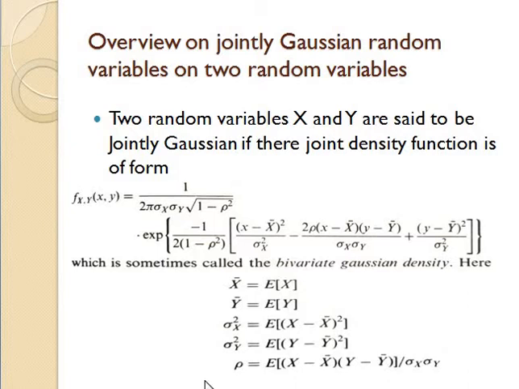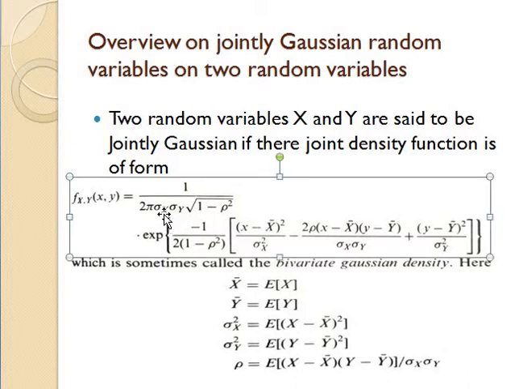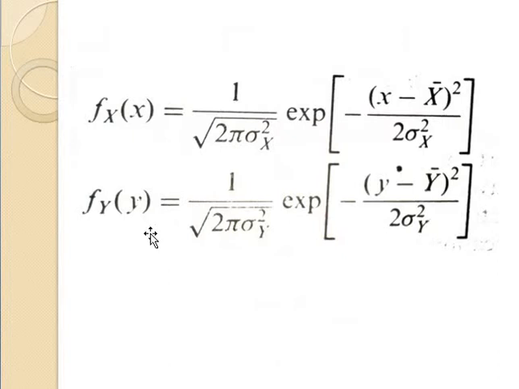Observe that if rho is 0, then the joint density function reduces to the product of the marginal density functions of x and y, which are again given by these equations.